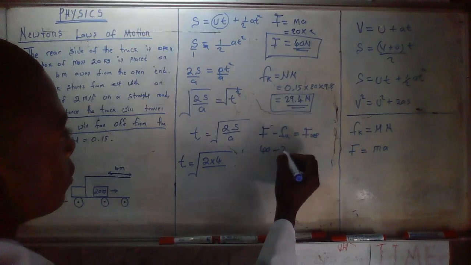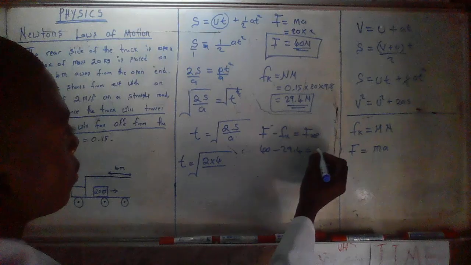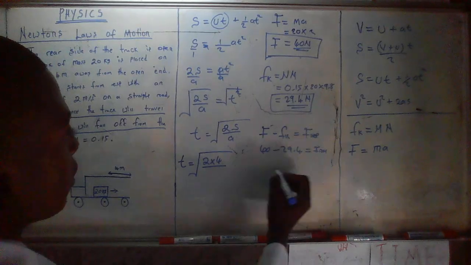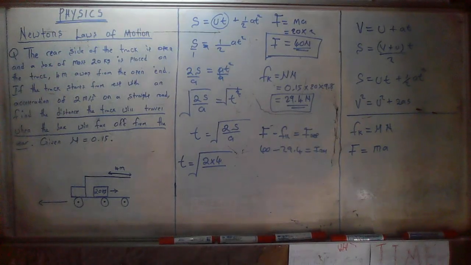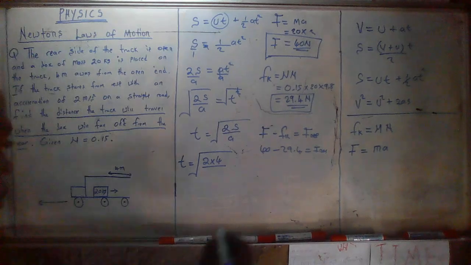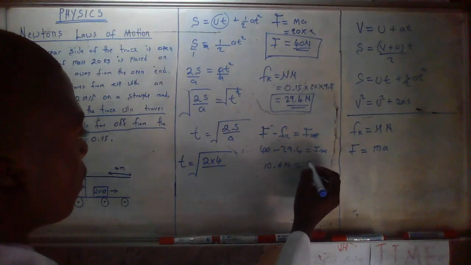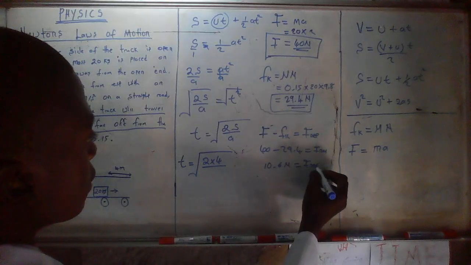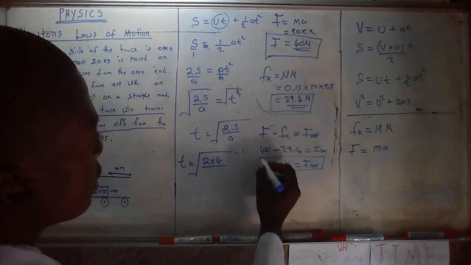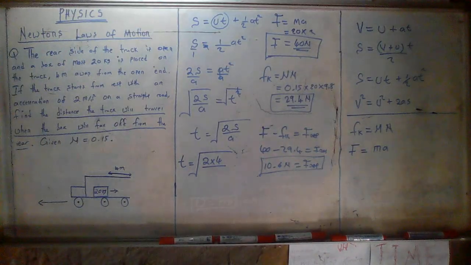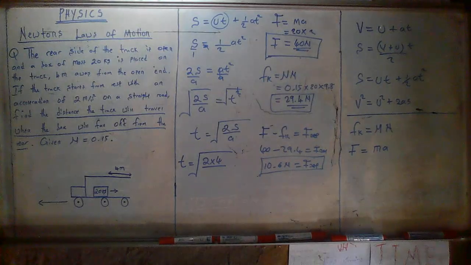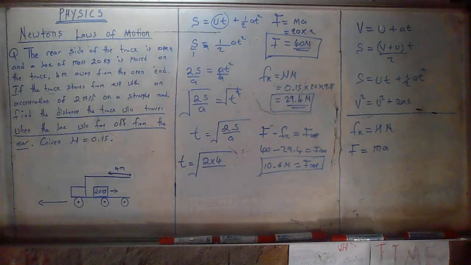So 40 minus 29.4 gives 10.6, which is equal to the net force. So it is this net force that will produce a certain acceleration. Please take note. The net force is the one that will produce a certain acceleration.